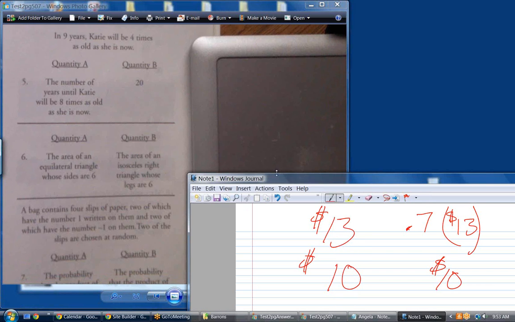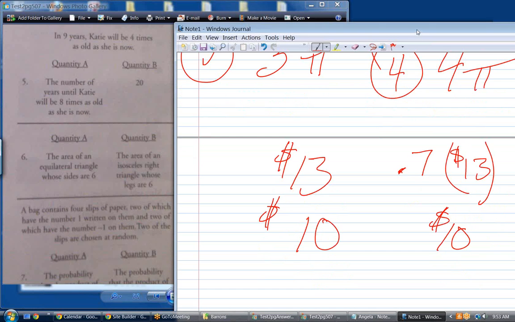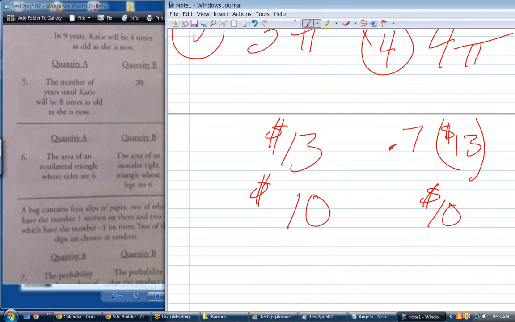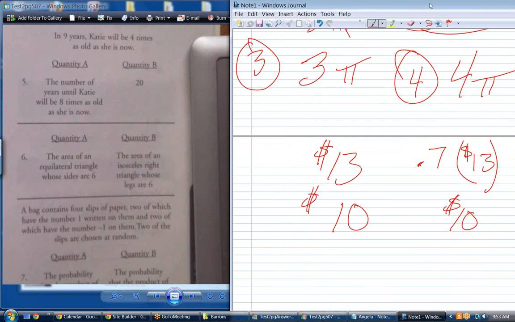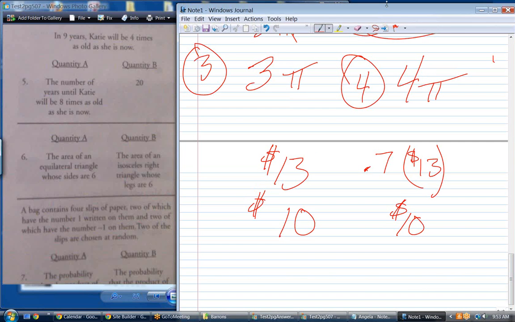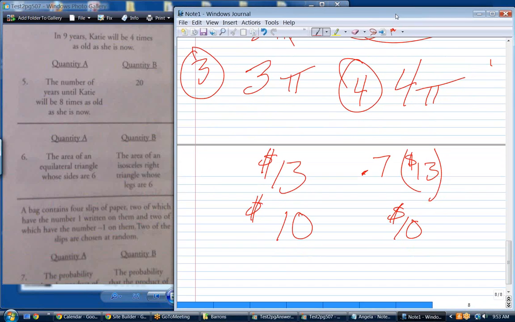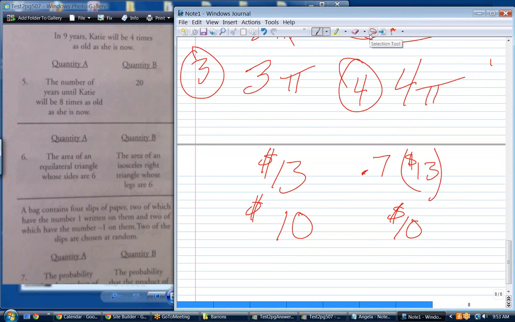Okay, I love age problems because they can almost always be done. I've never found an age problem that I couldn't do. I can almost always do them by back solving, but these might be a little different because they're quantity comparisons. And of course, for me, the easiest way, let's see, in 9 years, Katie will be 4 times as old as she is now.